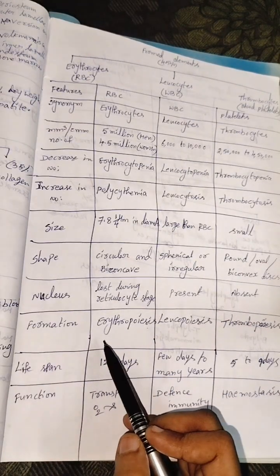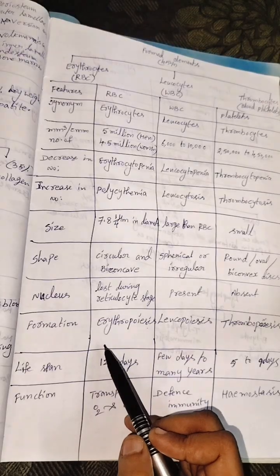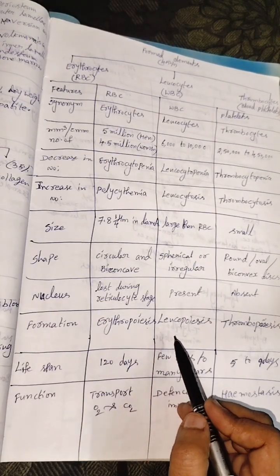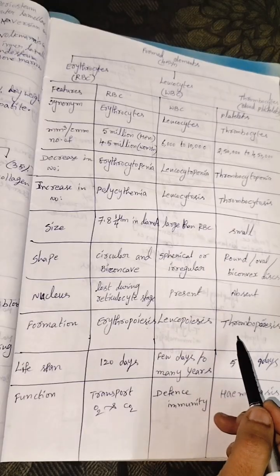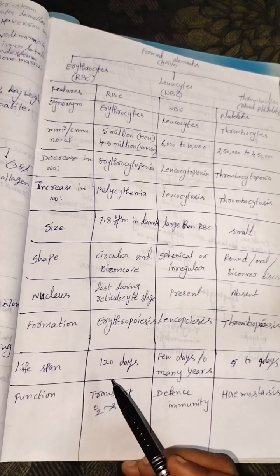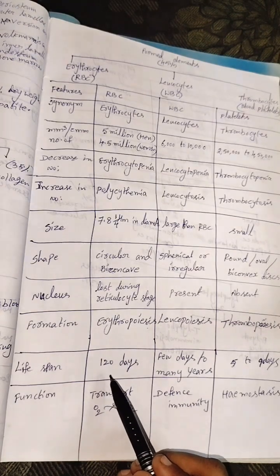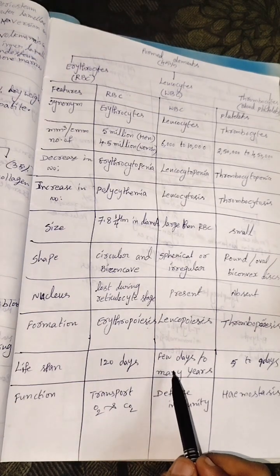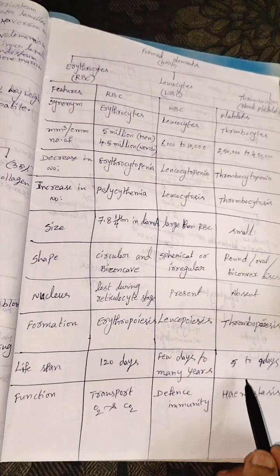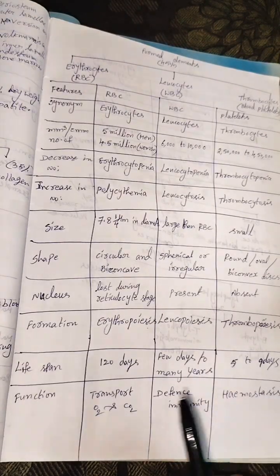Formation. How are the cells formed? In RBC, erythropoiesis; in WBC, leukopoiesis; platelets, thrombopoiesis. Lifespan of the cells: RBC lifespan 120 days, WBC lifespan few days to many years, platelets 5 to 9 days.